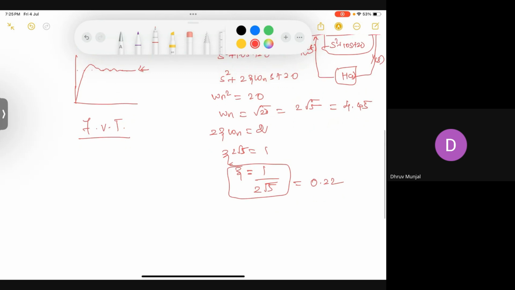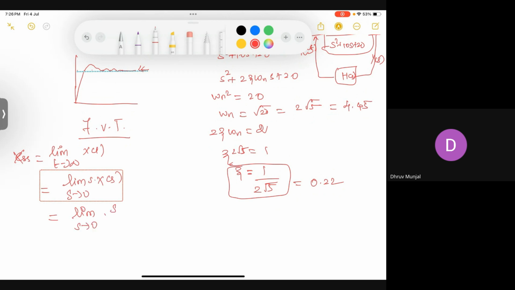So if we want to find it for t tends to infinity, x of t, I'm sorry, x of s, this will become limit s tends to 0, s into x of s. Then this will be limit s tends to 0, s into 1 by s squared plus 10s plus 20. If I put s equal to 0, it will become 1 by 20.